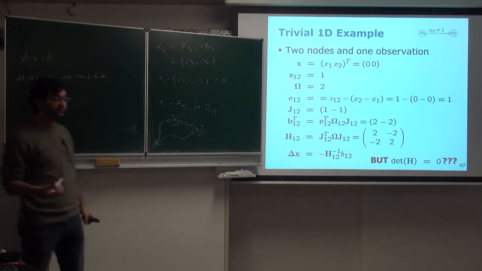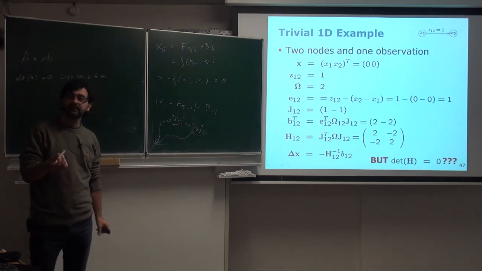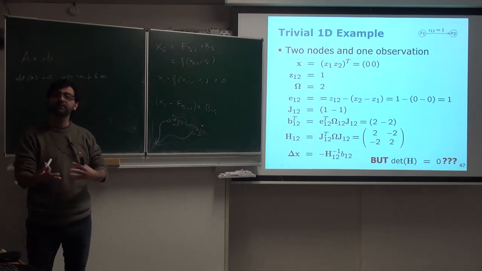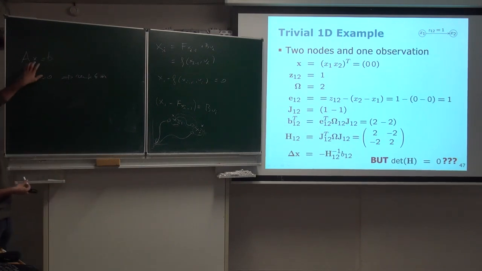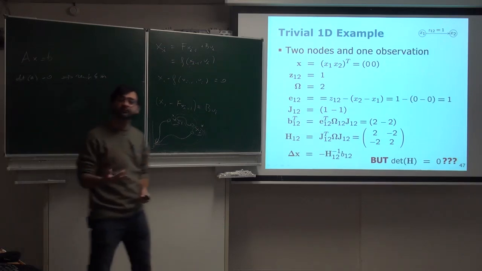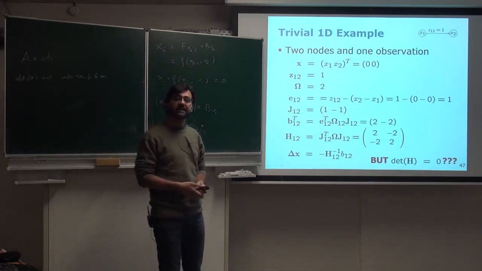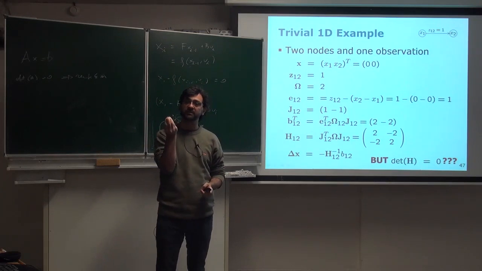But we are trying to use a least squares. We are trying to get more equations than unknowns. And this basically means that there is always one equation less in the problem. This is not because we don't have enough observations or measurements. It's because of the nature of the measurements that we have.